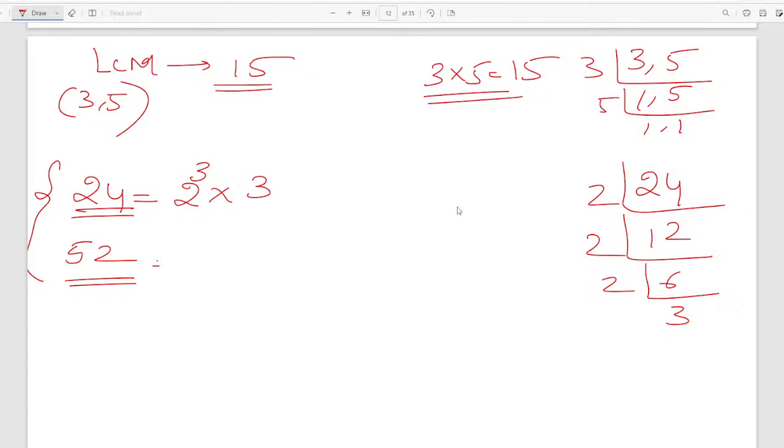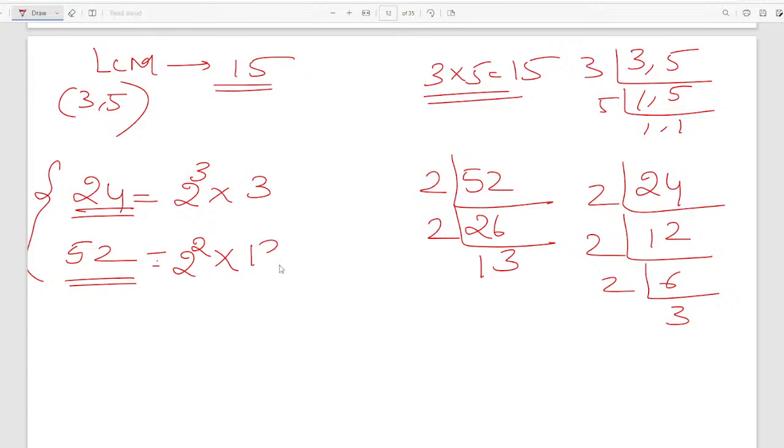And then 52: 2 times 26, 2 times 13. So 52 can be written as 2 square into 13. This is how we write the numbers in prime factorization method as prime factors. So 24 is equal to 2 cube into 3, and 52 is equal to 2 square into 13.